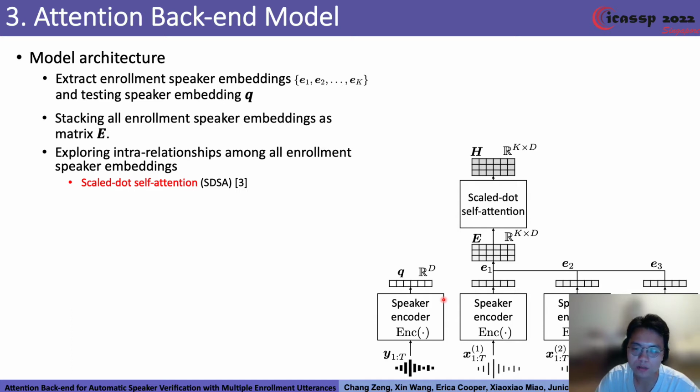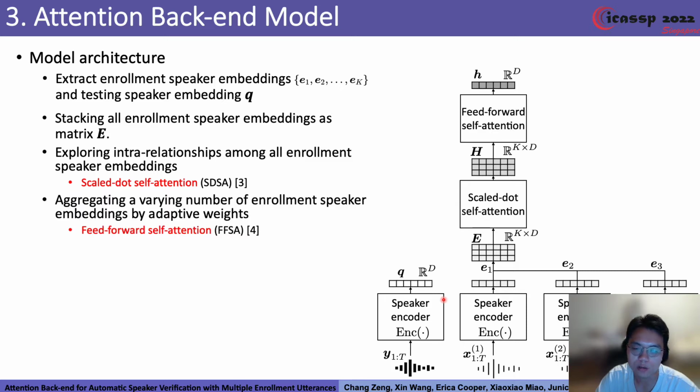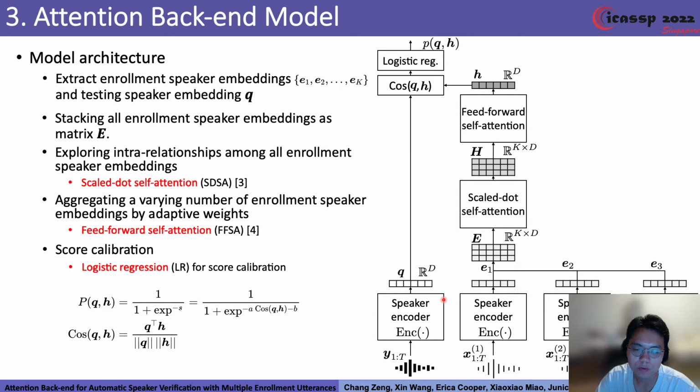The output matrix of the scaled dot self-attention will be aggregated by the following feedforward self-attention module and output a vector denoted as H to represent the enrolled speaker. Finally, we compute the cosine similarity between H and the test speaker embedding Q. A logistic regression is used for the score calibration.